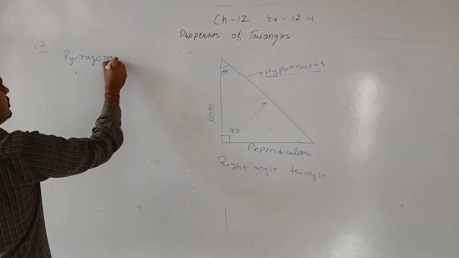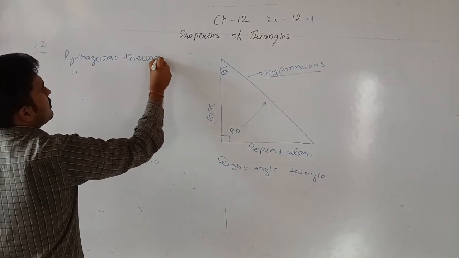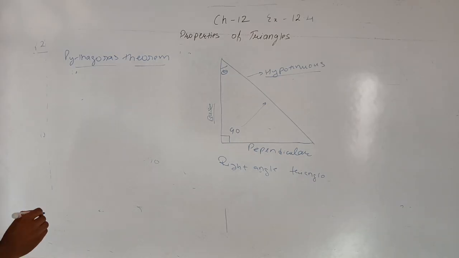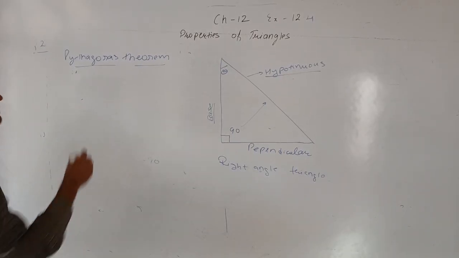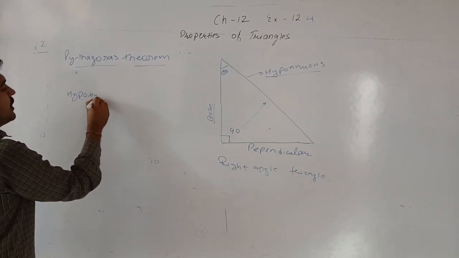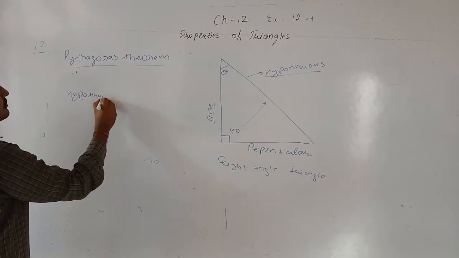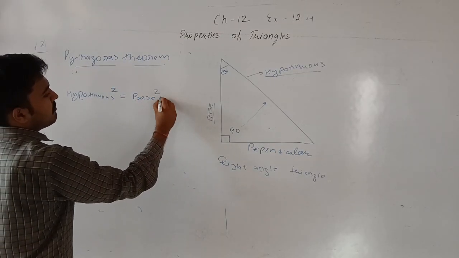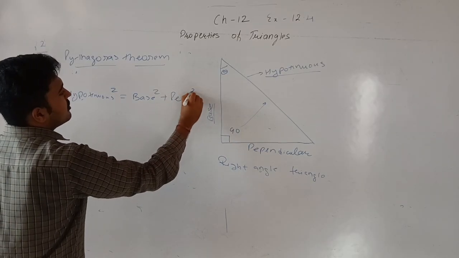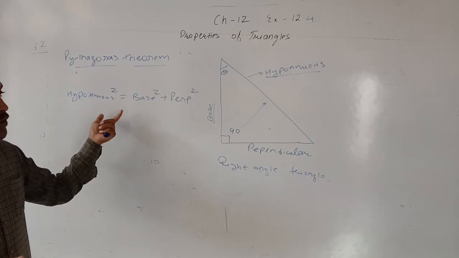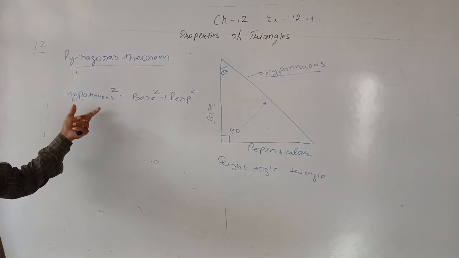Now we'll study Pythagoras theorem. Pythagoras theorem states that the hypotenuse squared, meaning the length of the hypotenuse squared, is equal to the length of the base squared plus the length of the perpendicular squared.